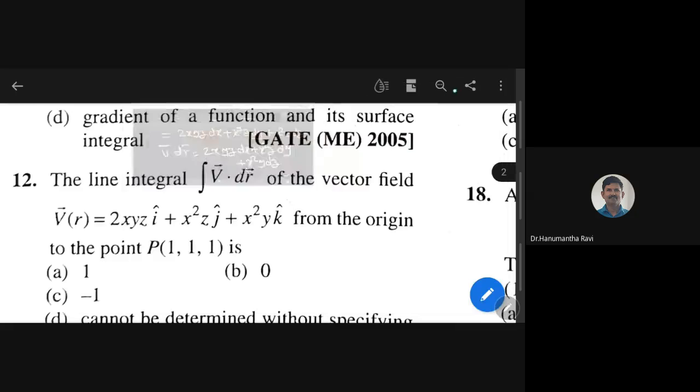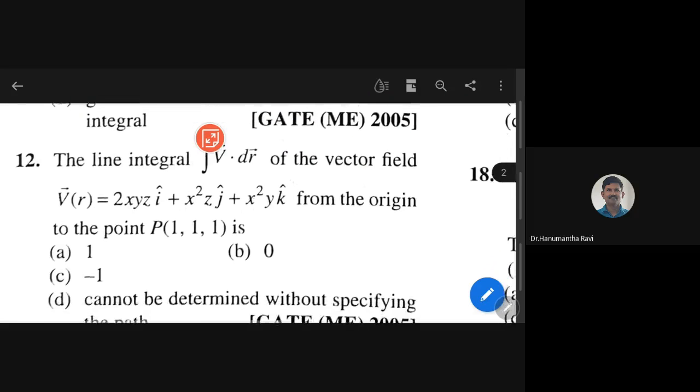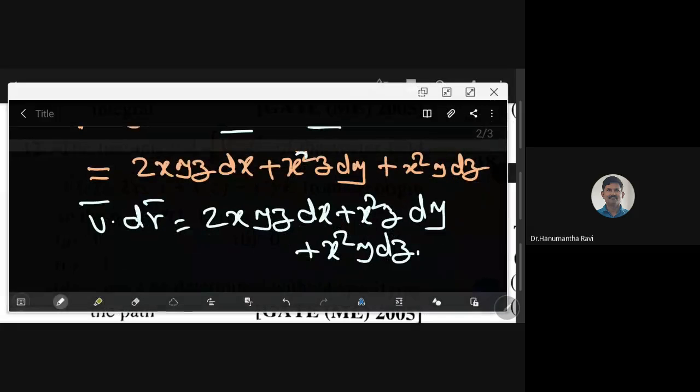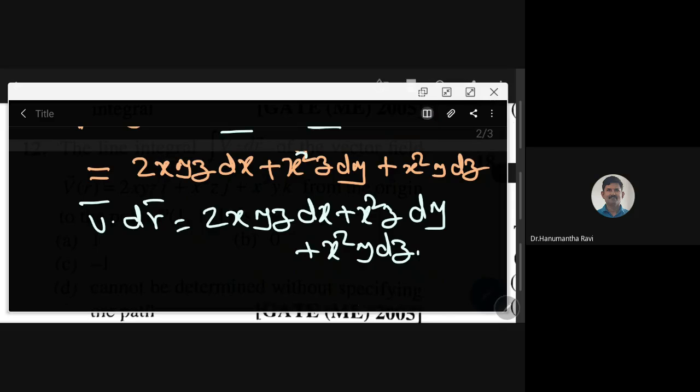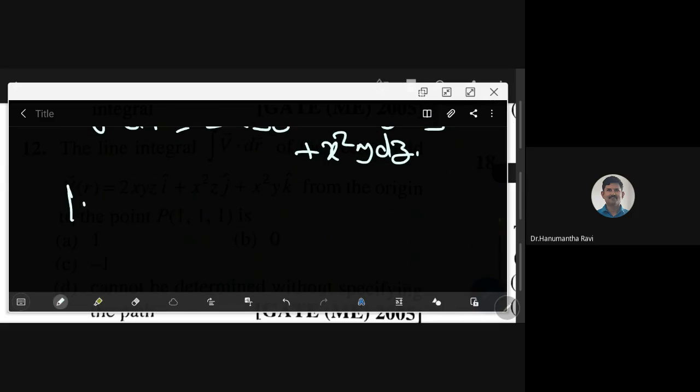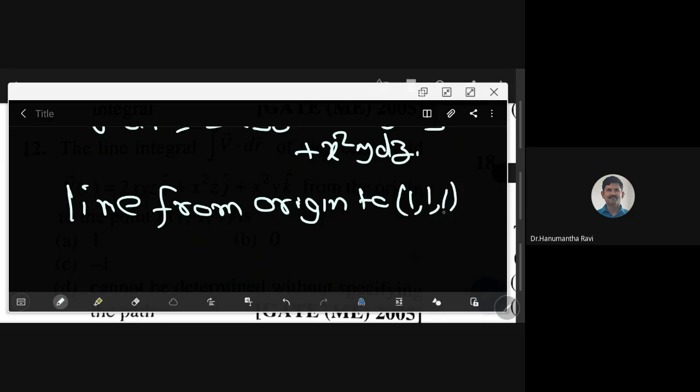What else is given here? From origin to 1, 1, 1. So the line from origin to 1, 1, 1.